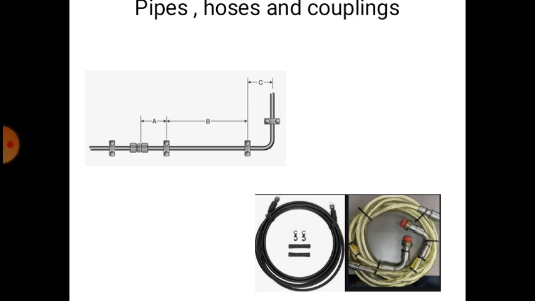So by using Teflon tape and so on, we can join the pipe with the components. Pipes are required to join the components one to another to complete the hydraulic system.